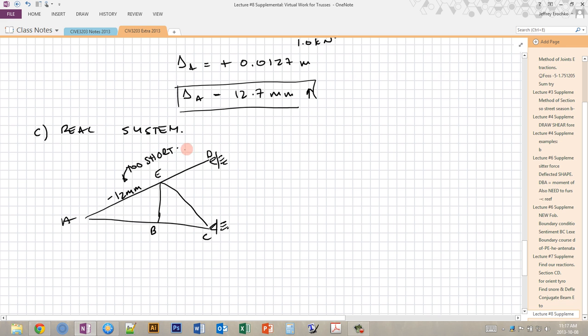So since it's too short, that means it's shorter. It's as if it has decreased in length, so that would be equivalent to a compression. So we're going to make all of those negative. So too short is negative because it makes the member shorter.